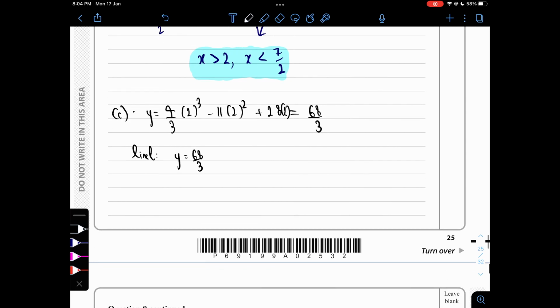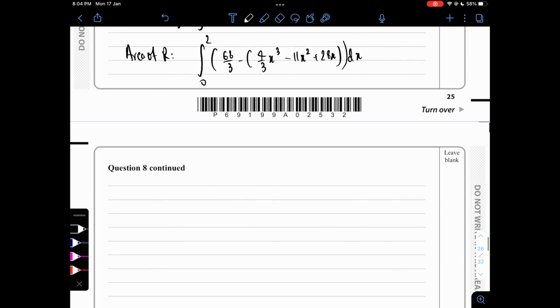So now we can work out the area of R, so the limits 0 and 2. So line minus curve, so 68 over 3 minus, what's the curve? The curve is 4 over 3 x cubed minus 11 x squared plus 28x, dx. Let's simplify this.